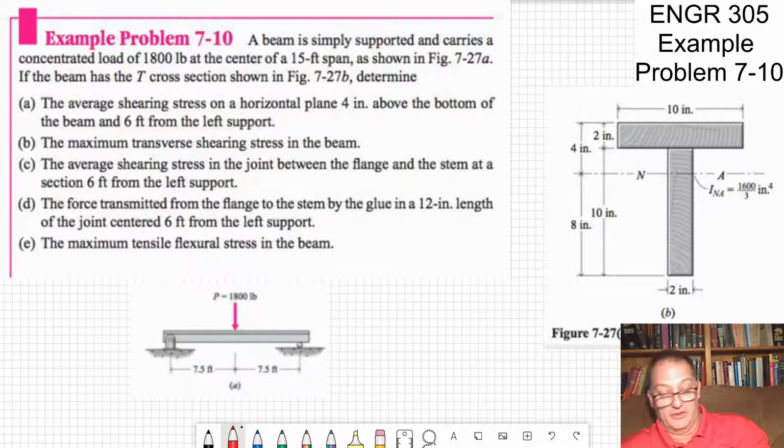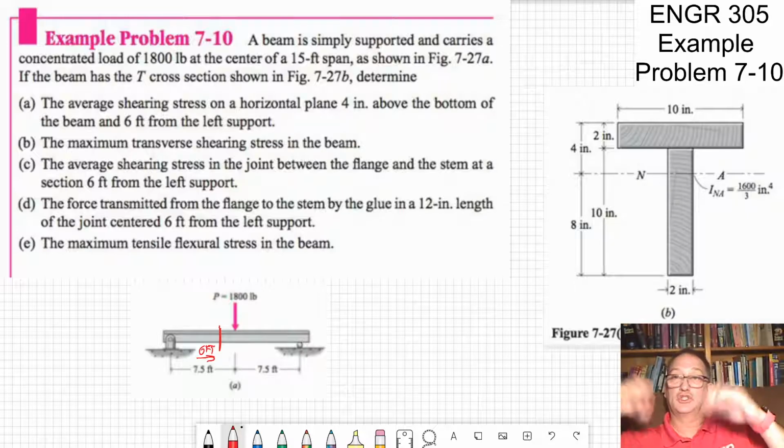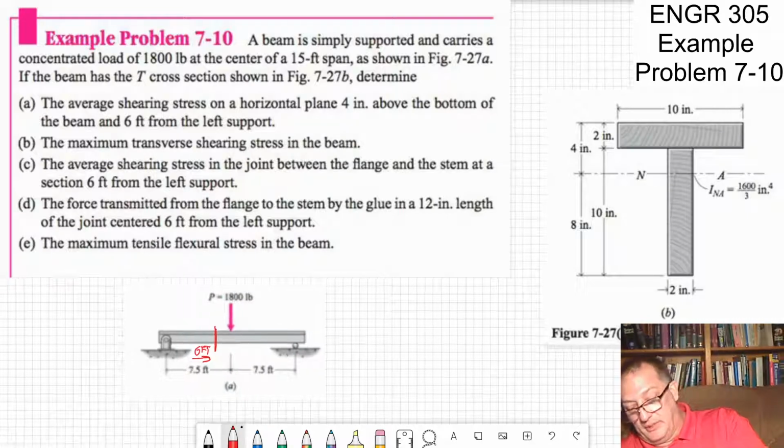So first thing we're going to do is we've got to calculate, let's say that's 6 feet. We've got to calculate what that shearing stress is, because our equation is always going to be of the form the shear stress is equal to.